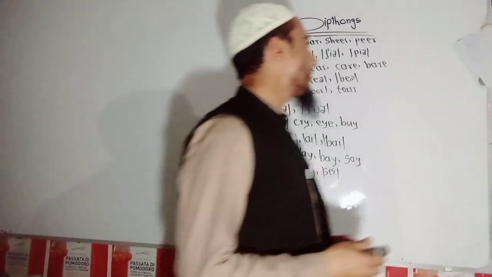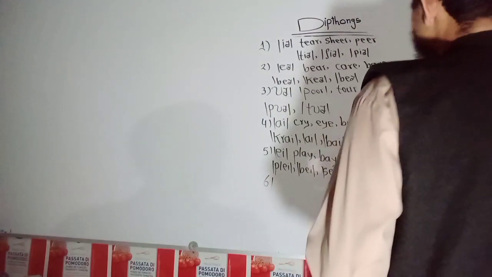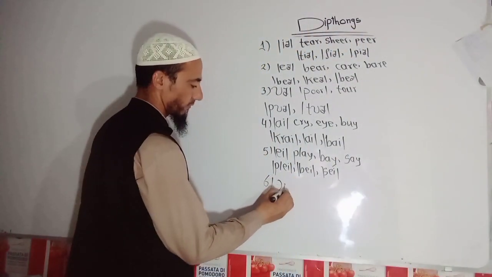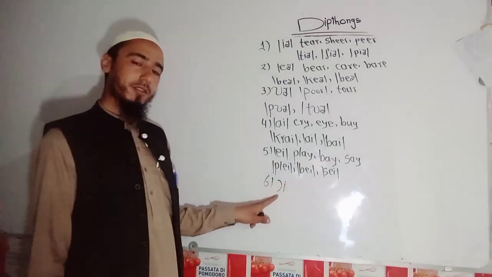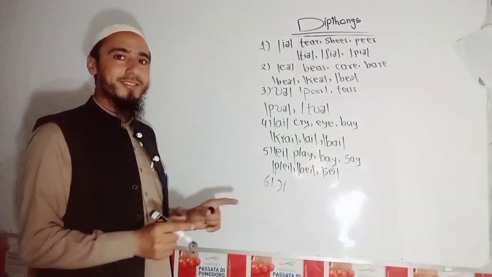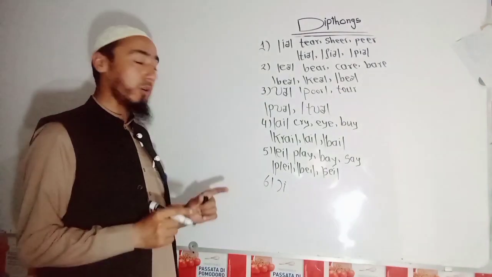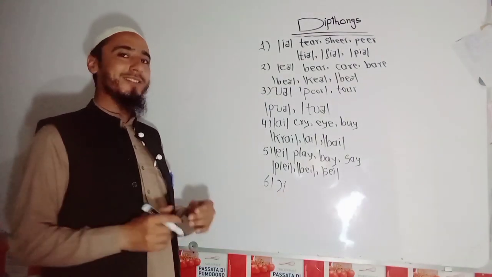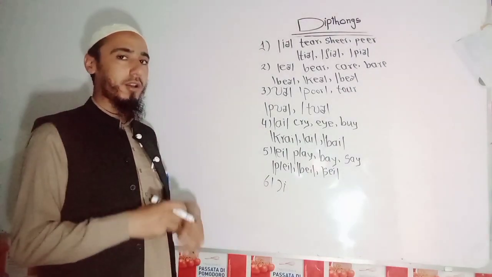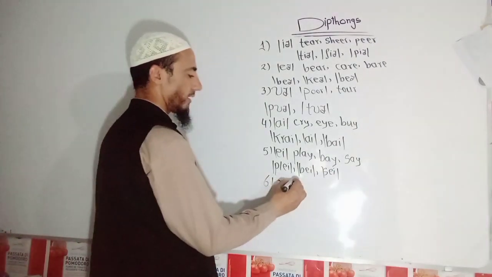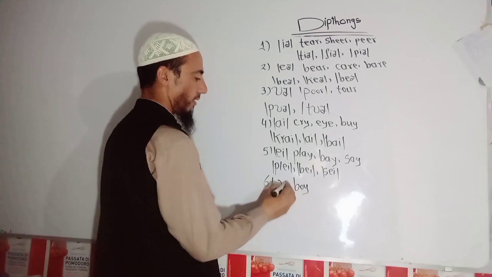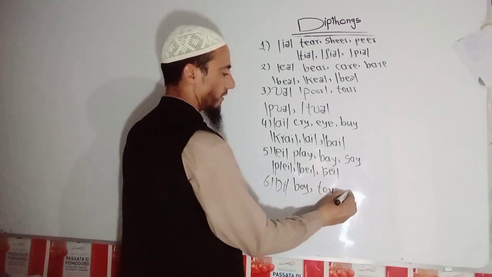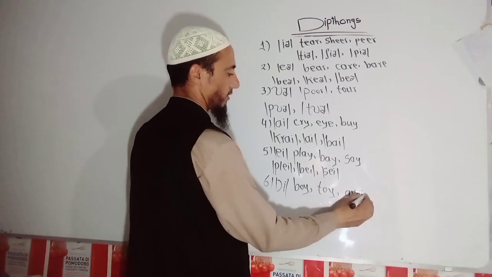Okay, we have another sound, the sixth one, and it starts with this symbol. You know, this is known as the round O, and this one is the A sound. So this produces the O sound. For example, boy, toy, or avoid.